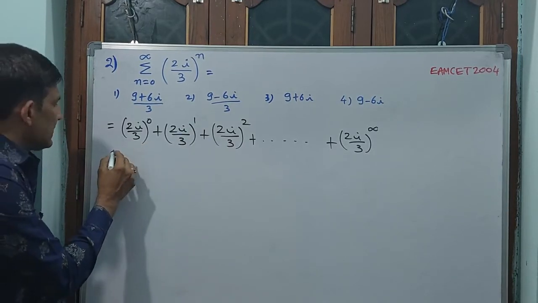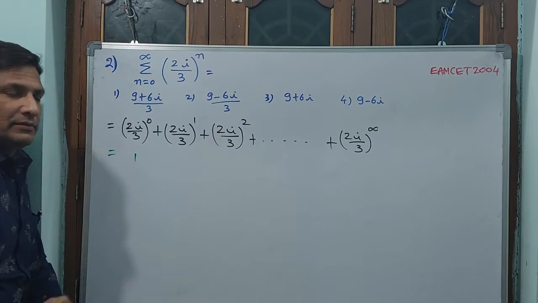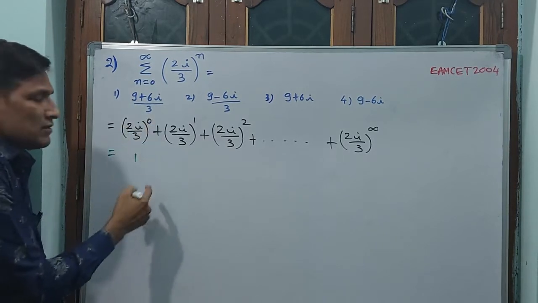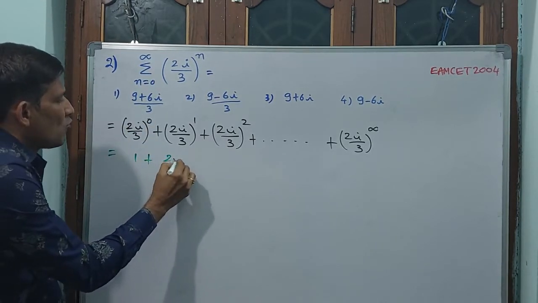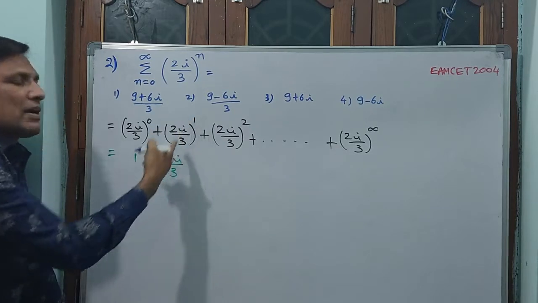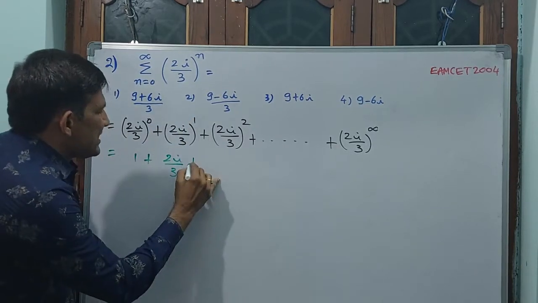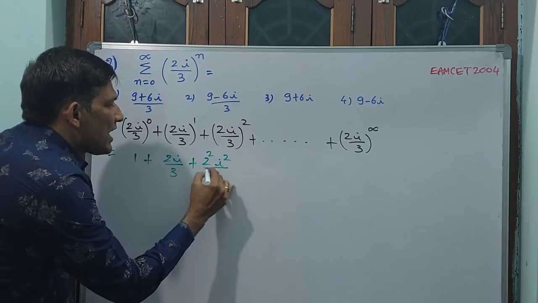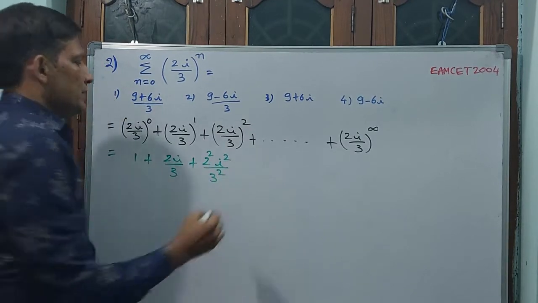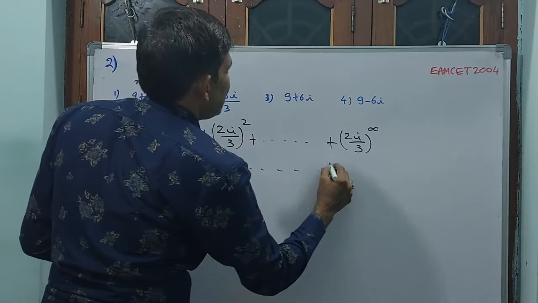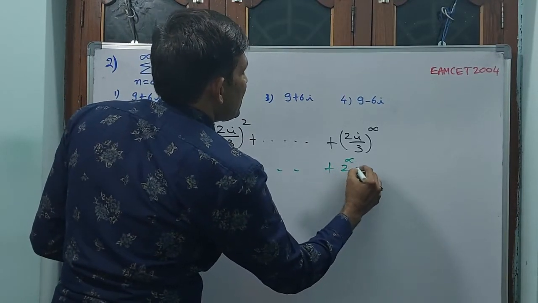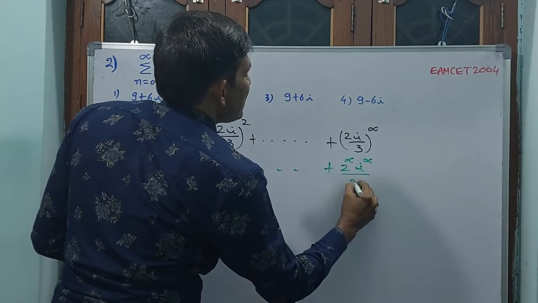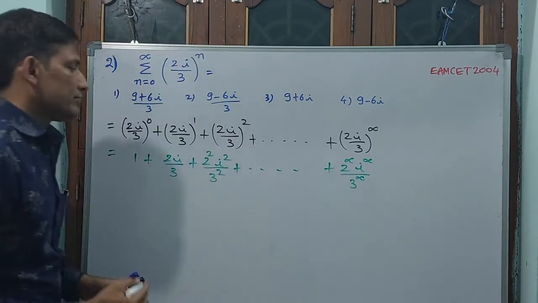First of all, let me write 1. Why? Because something power 0 is 1. 1 plus 2I by 3, plus 2 square I square by 3 square, plus 2 power infinity I power infinity by 3 power infinity.